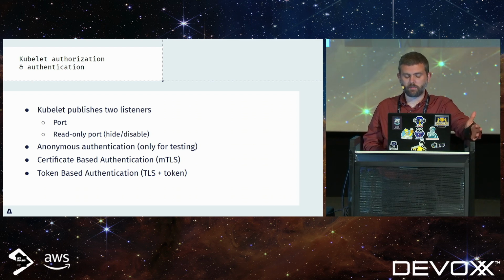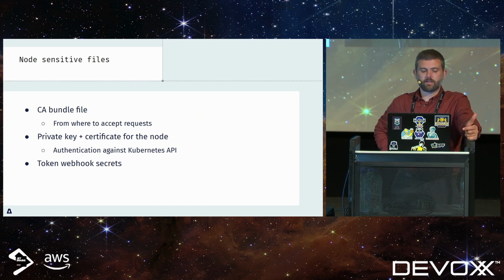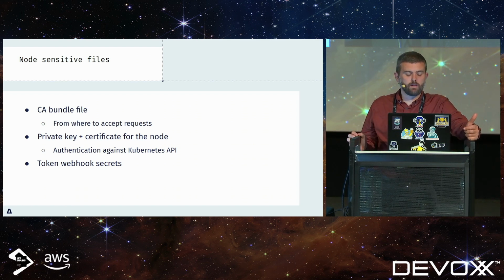The same goes for the API server. Now, one of the important sensitive files it stores is the CA bundle file. The CA bundle file contains the root certificate through which all the clients should be signed.